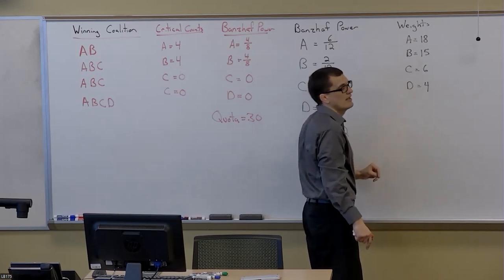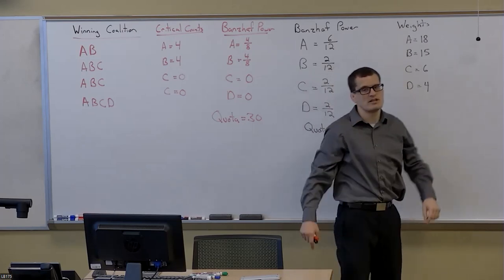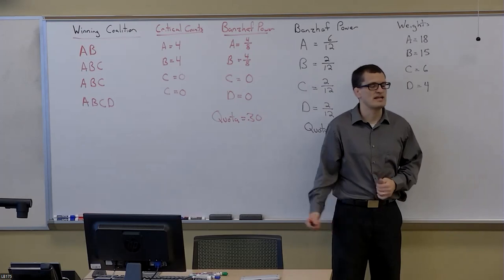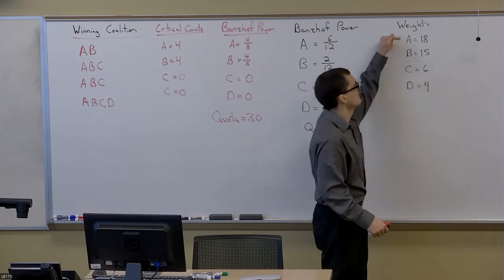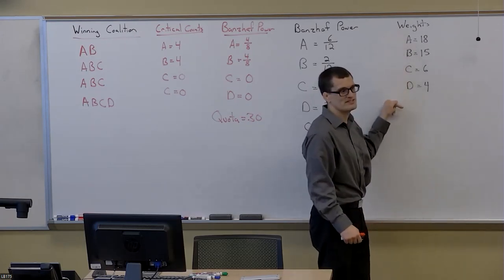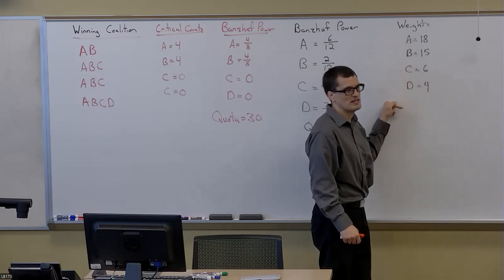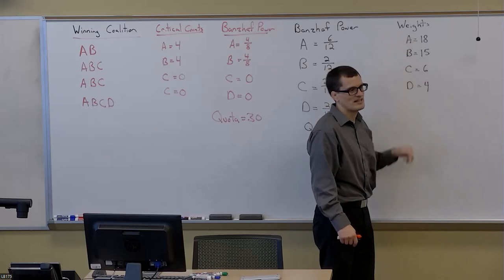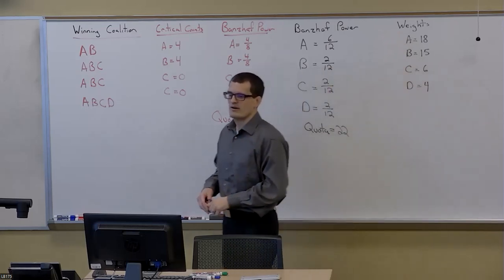In fact, one system that always works to give everybody equal power is to make the quota the total weight of the system. That way you have to have a unanimous vote. Does that make sense? Then that gives everybody equal power.